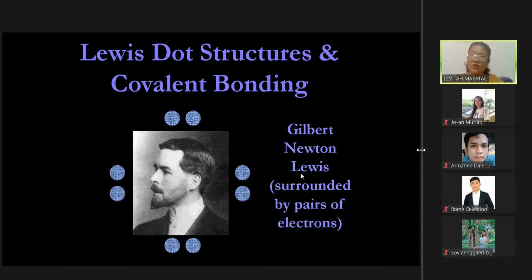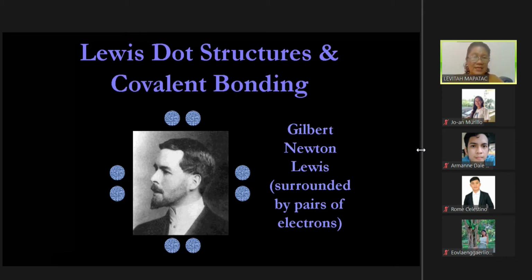Okay, mabrag yung mga Newton, no? So according to him, the electrons in the element could be represented by dots. How? That is by placing the number of electrons in the outermost shell.